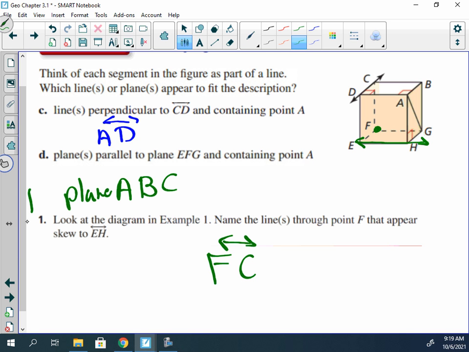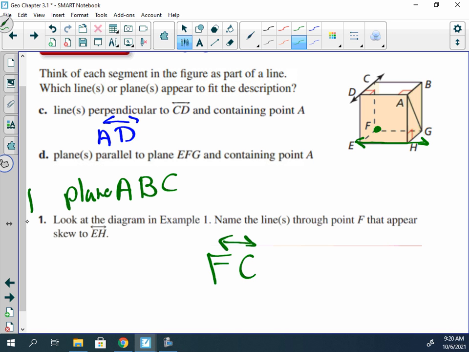Are there any others? Yeah. Because do we have any other lines connecting to point F that aren't contained within the plane?